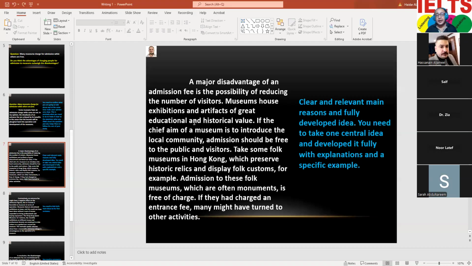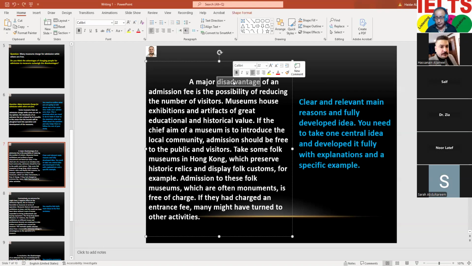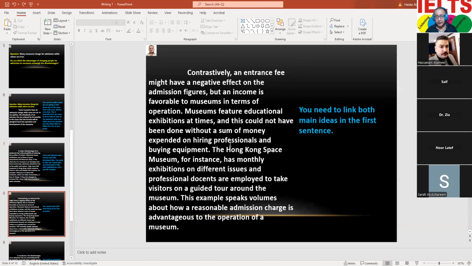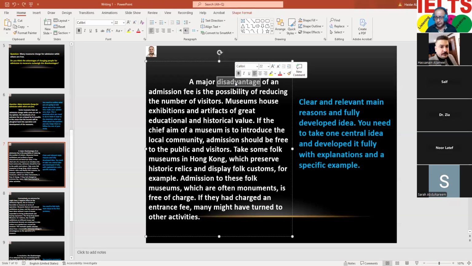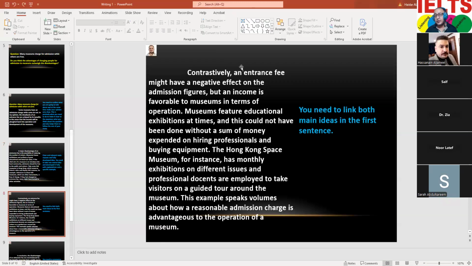Okay. In the second paragraph of the body. In the first paragraph, we talked about disadvantage. The second paragraph, we need to start with a linker, an opposite, a contrastive linker. For example, here I wrote: in contrast. Since in the first one we talked about disadvantages, in the second one we have to talk about the advantages.